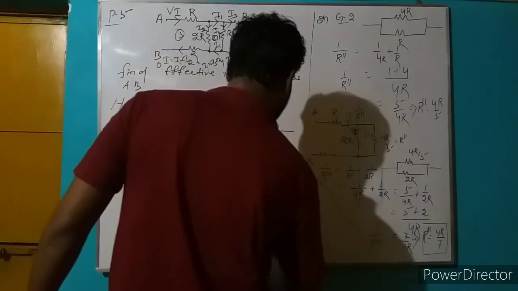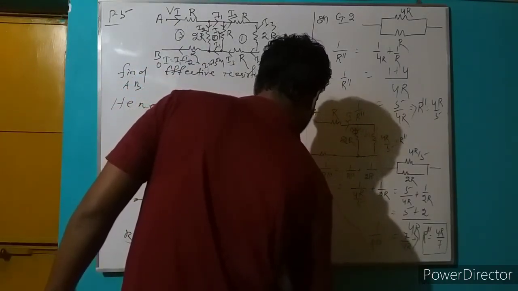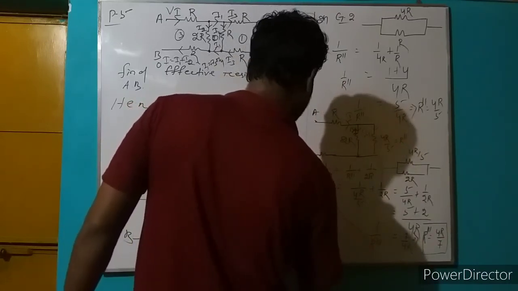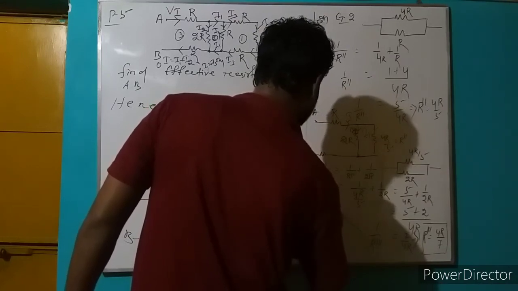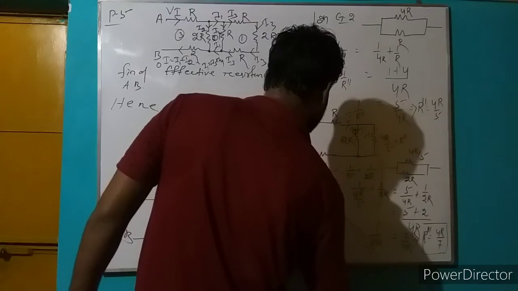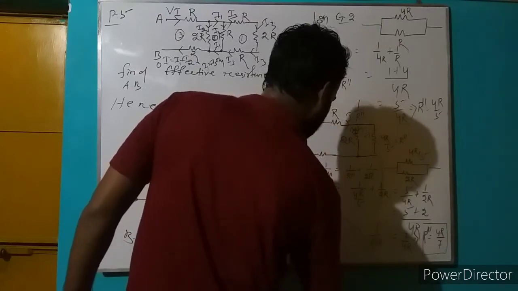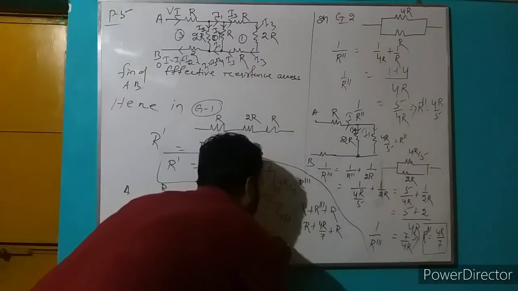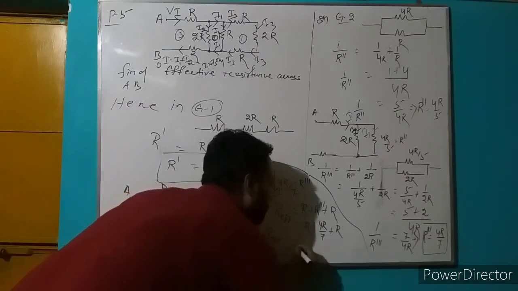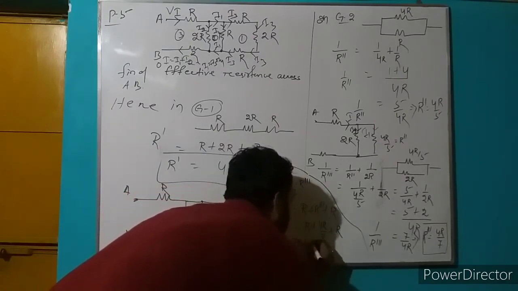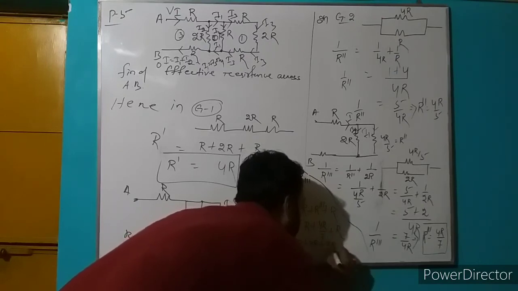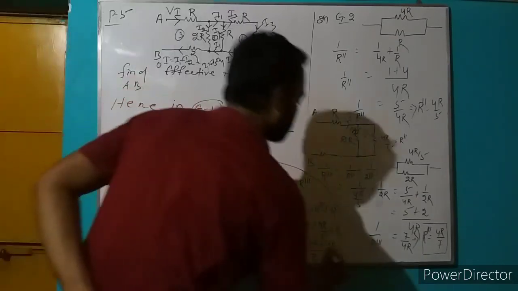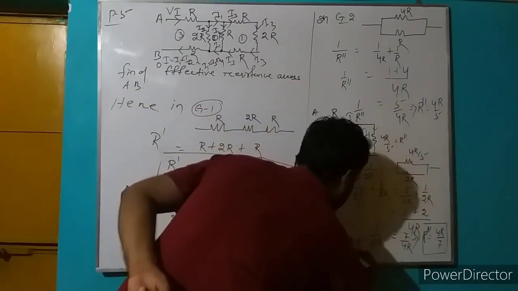So in series connection, the net effective resistance R effective equals R plus R triple prime plus R. R triple prime is 4R by 7, plus R. So R effective equals 7R plus 4R plus 7R divided by 7. 7 plus 7 is 14, 14 plus 4 is 18R by 7.